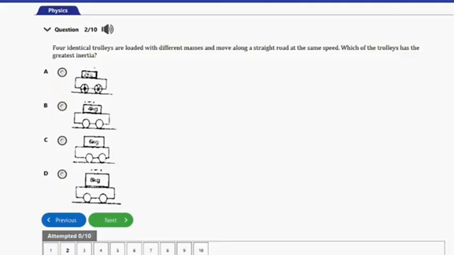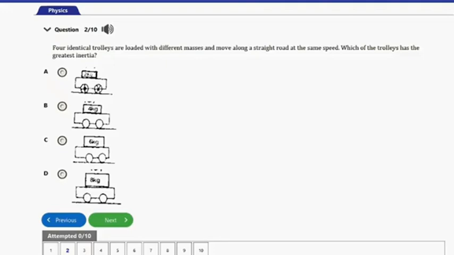If we check here, the first lorry carries a mass of 2 kg, the second is 4 kg, the third is 6 kg, and the last is 8 kg. So the one with 8 kg will resist movement more when force is applied against it. So that's option D here, and that's the answer to this question.